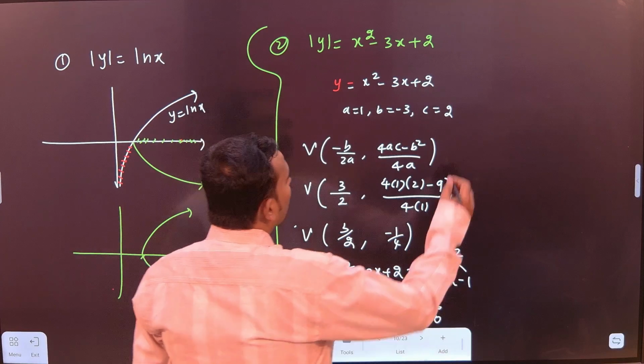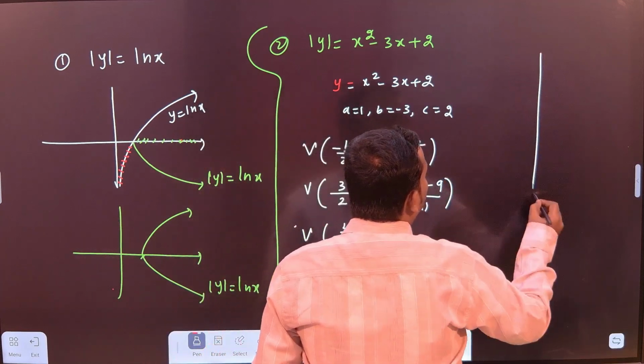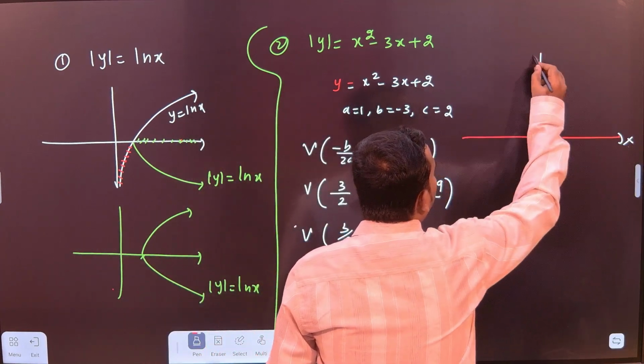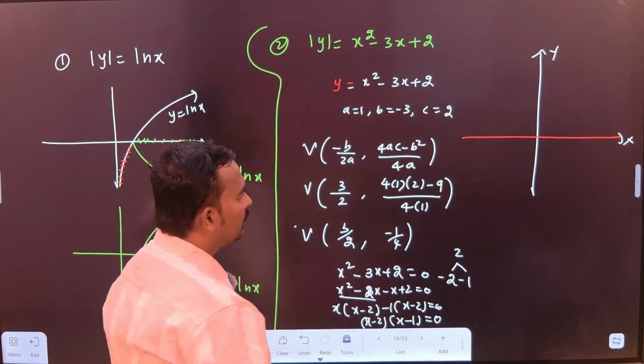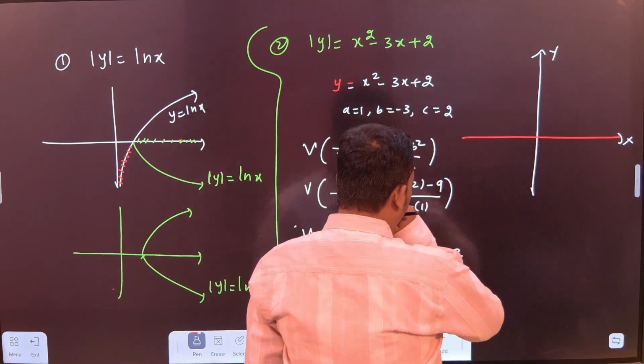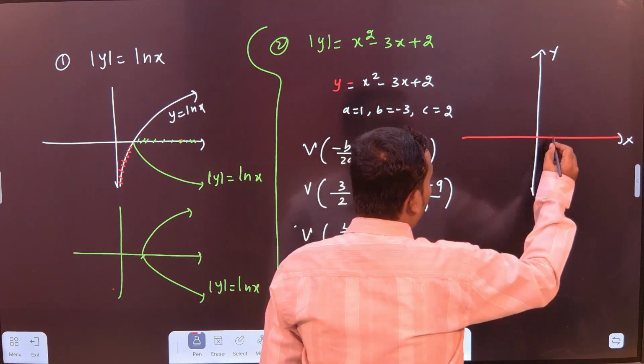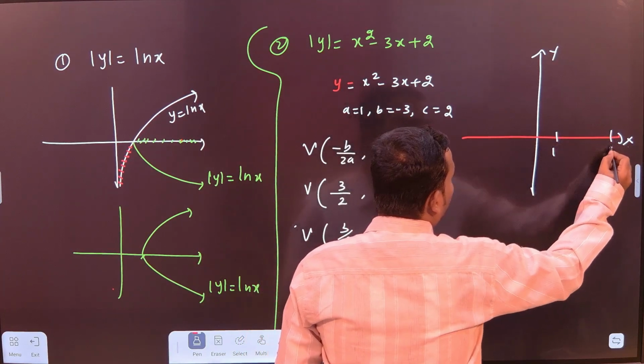Therefore, the roots are 1 and 2. This is your x-axis, this is your y-axis. Here 1, let us take 2 here.